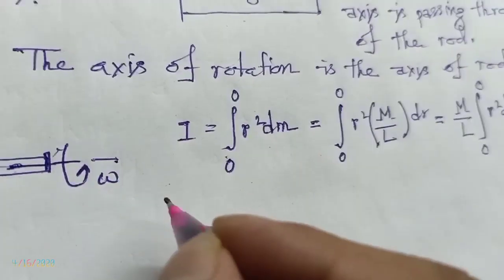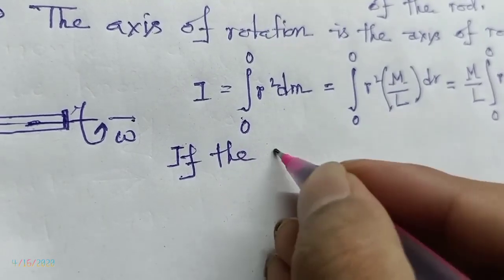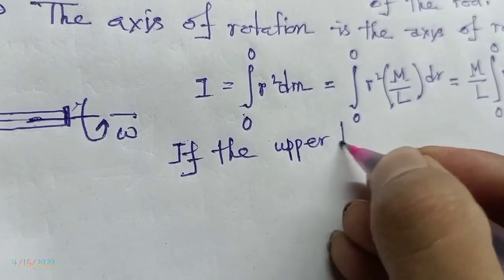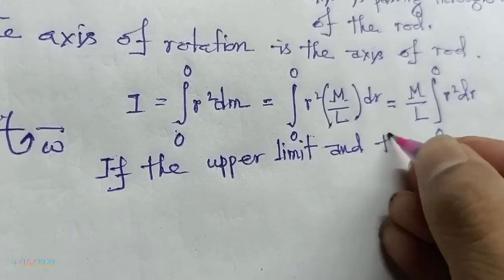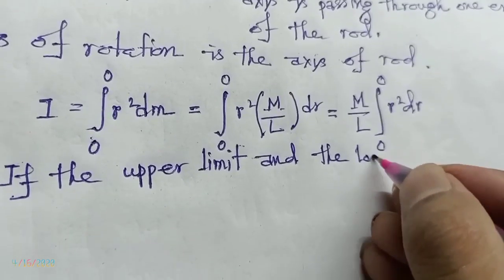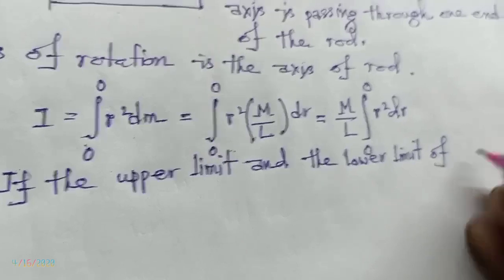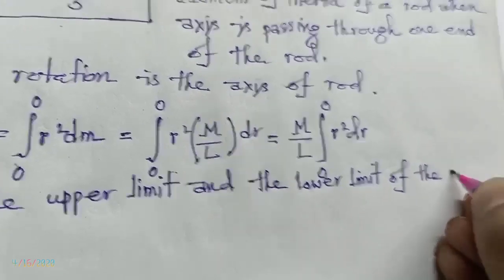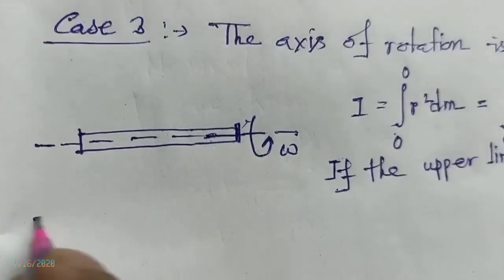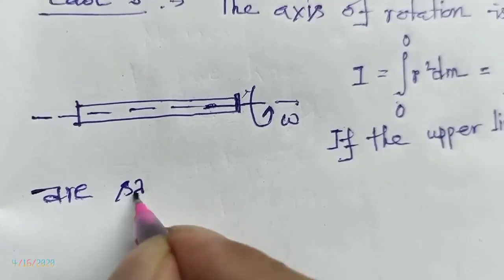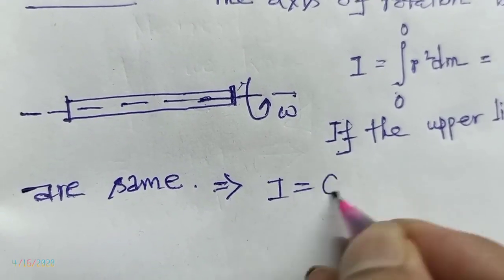So in any integral, if the upper limit and the lower limit of the integral are same, it implies the integral becomes 0.